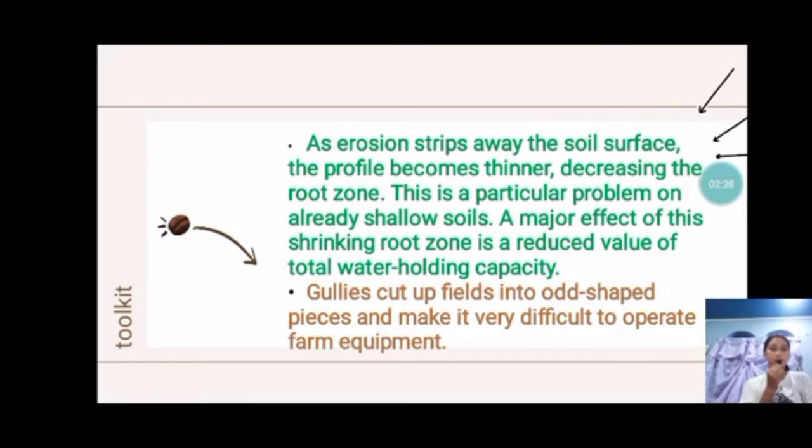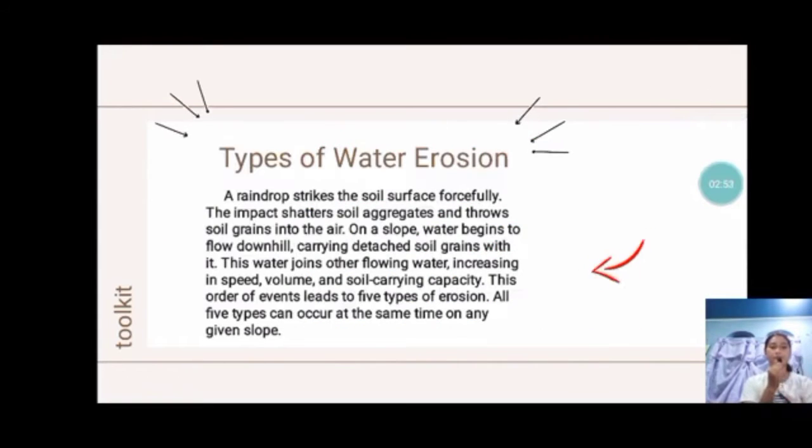This is a particular problem on already shallow soils. The major effect of this shrinking root zone is a reduced total water holding capacity. And next, gullies cut fields into odd-shaped pieces and make it very difficult to operate farm equipment.